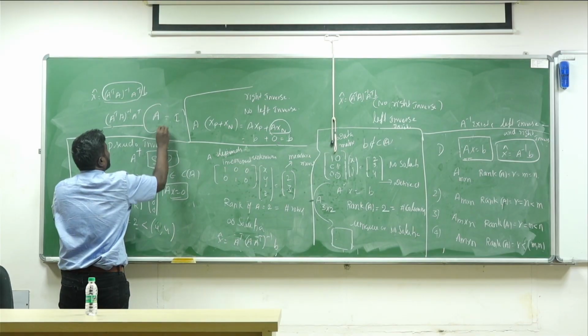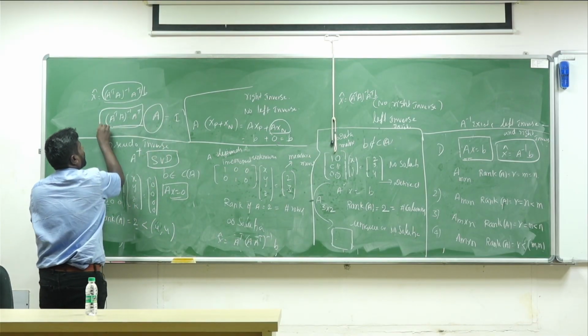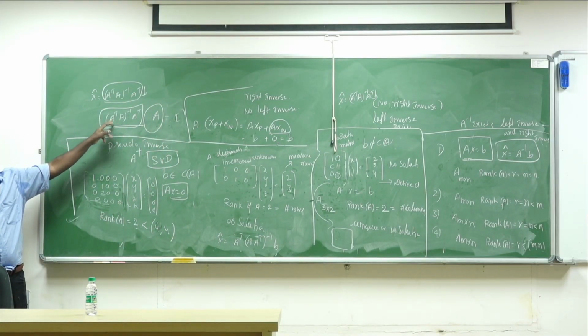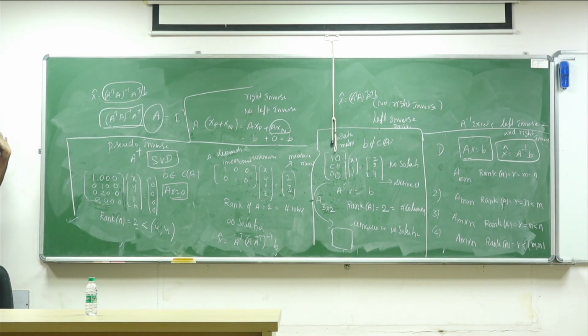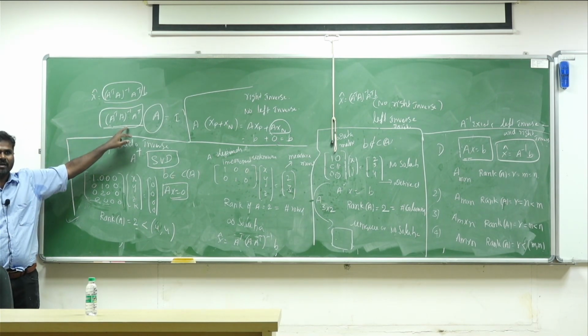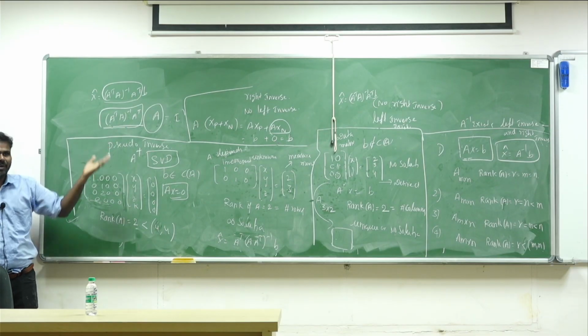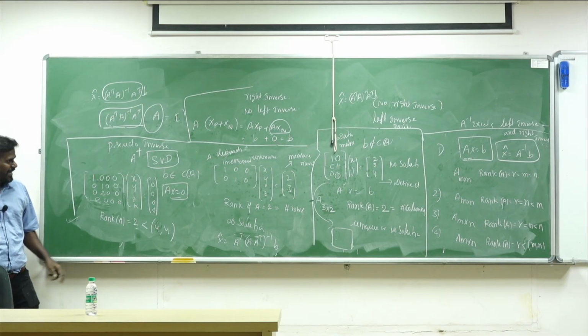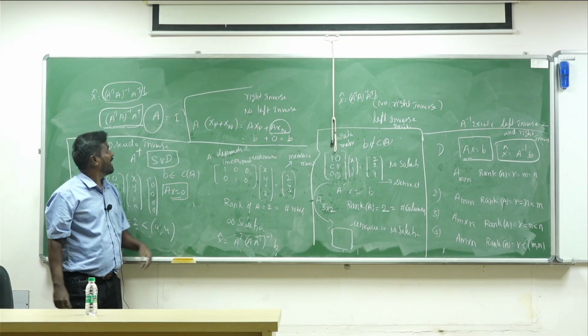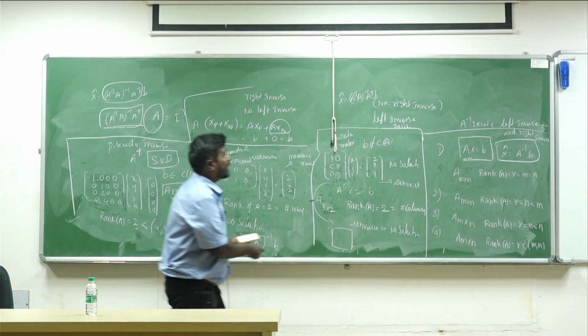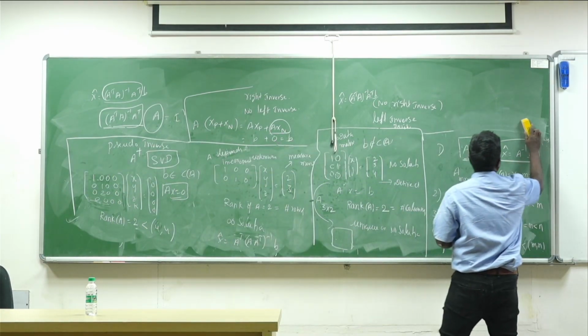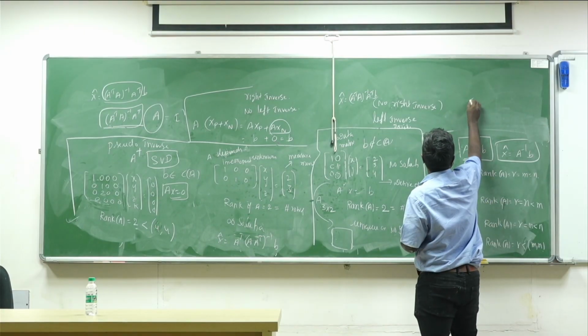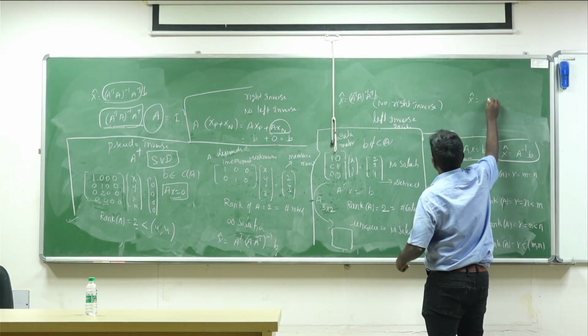Then what would you say about this factor? Since this is sitting on the left side of A, you would say that this is the left inverse. And look at this solution.